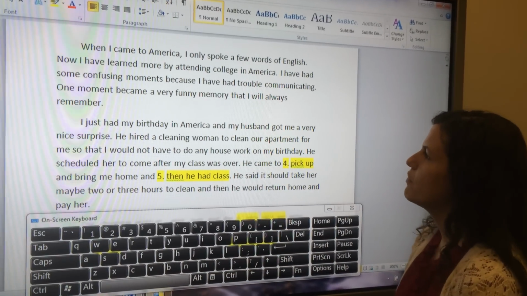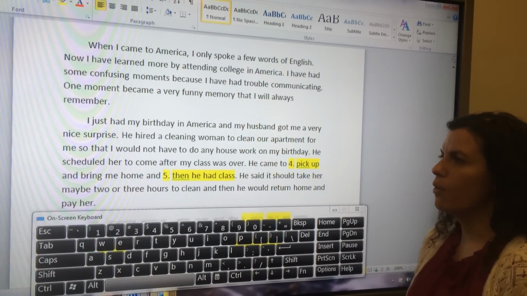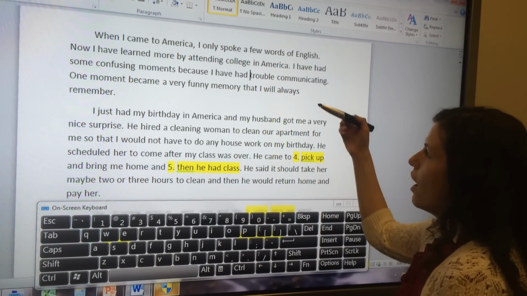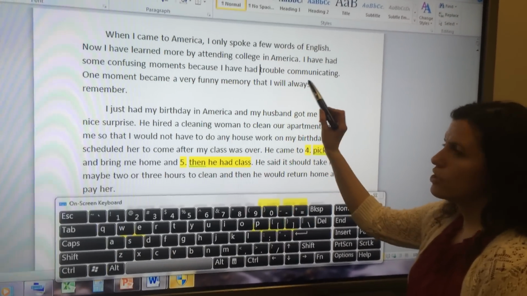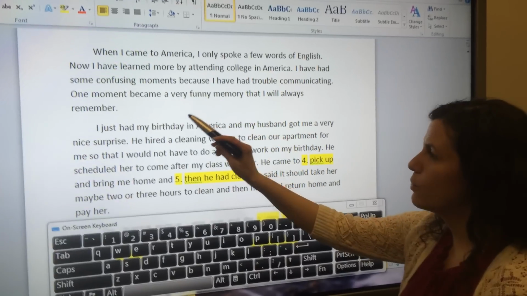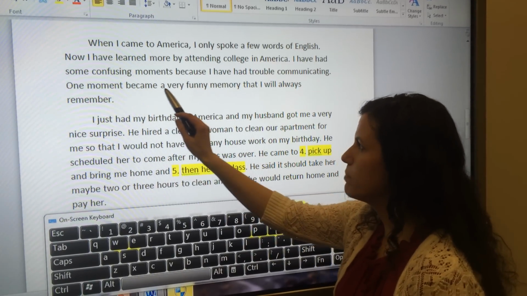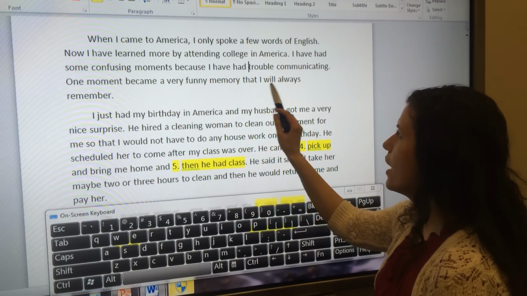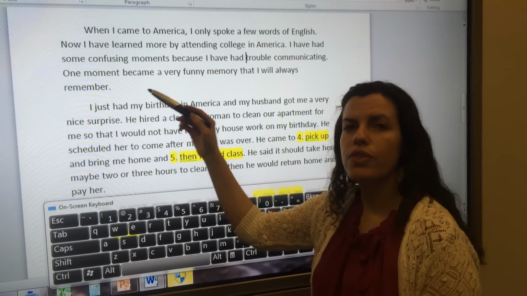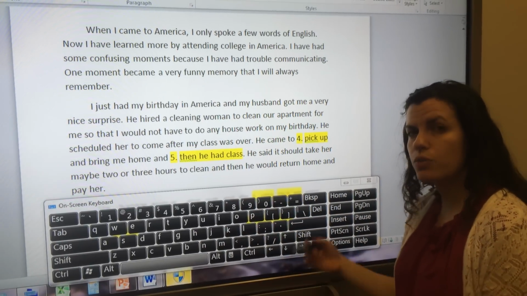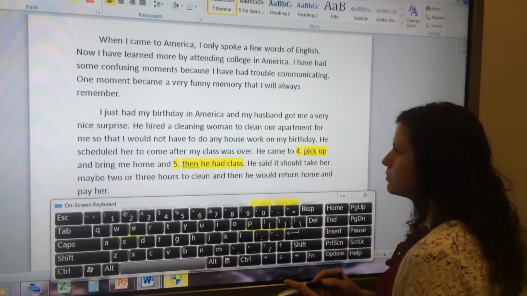One moment became a very funny memory that I will always remember. So now I understand she's had some trouble communicating, and we have a nice thesis here. One moment became a very funny memory that I will always remember. So I know that this whole essay is going to be about this funny memory.